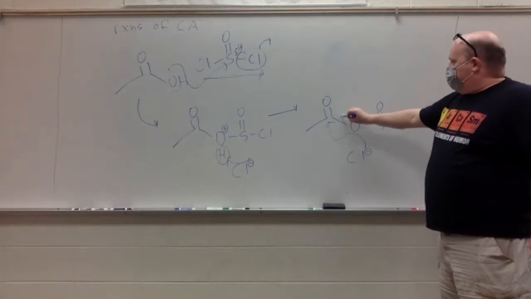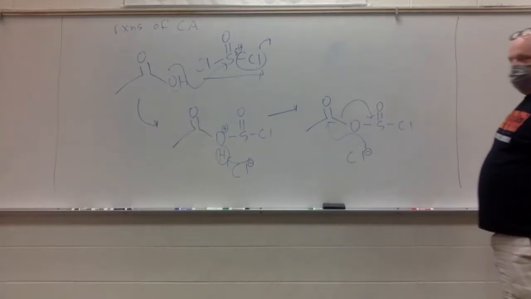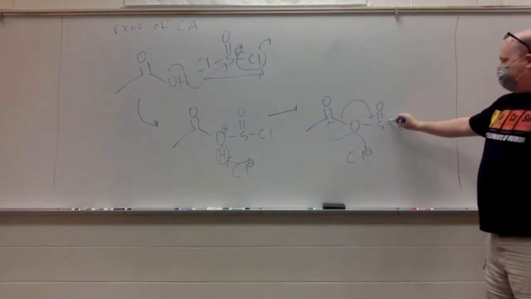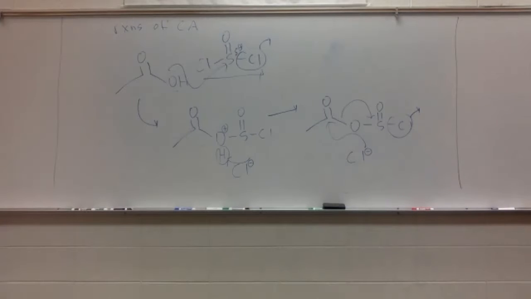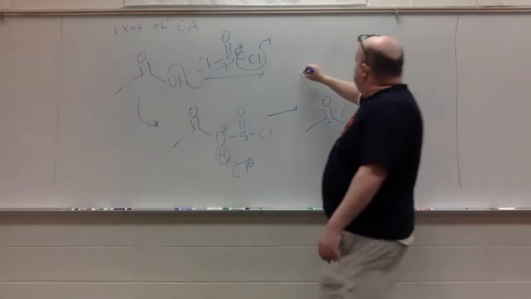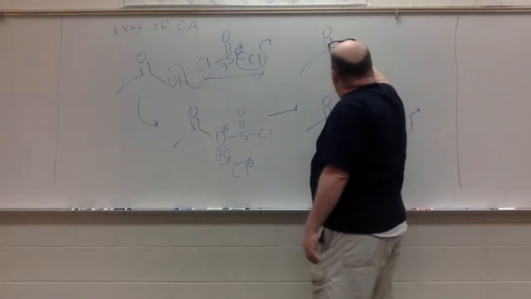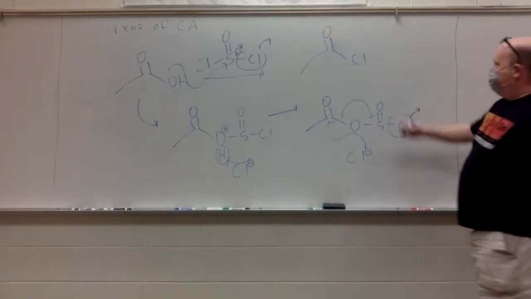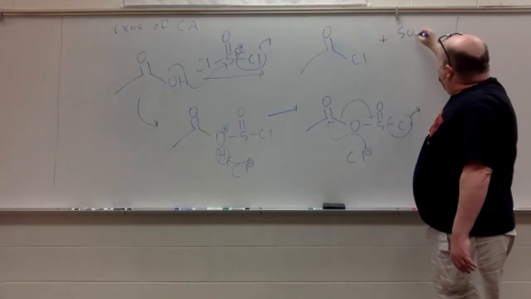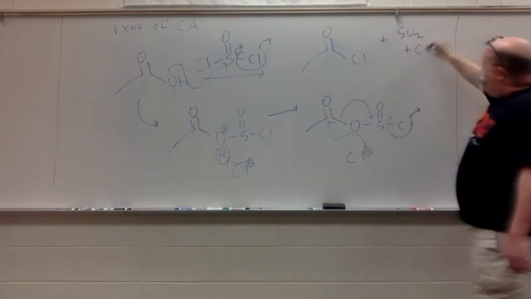This bond's going to break, and actually you get a little bit of a rearrangement in your byproducts. Not really that important for you guys, but I want to show it to you correctly. And voila, you end up making an acid chloride. And then you get SO2 and Cl minus as byproducts.